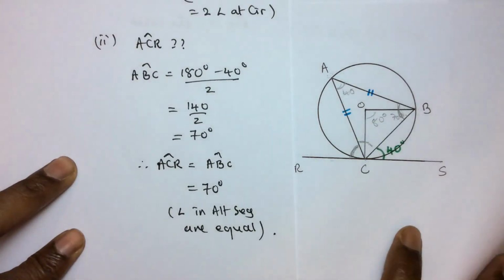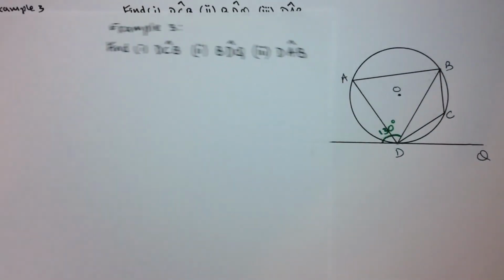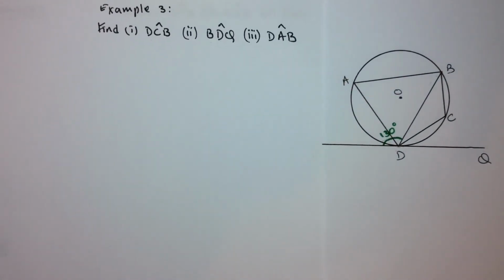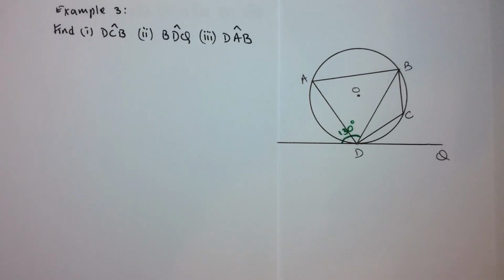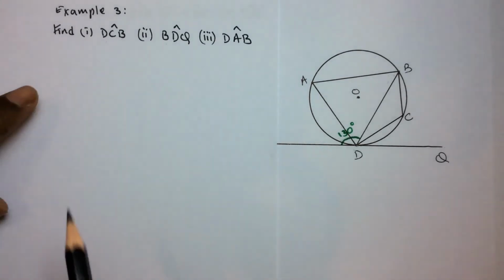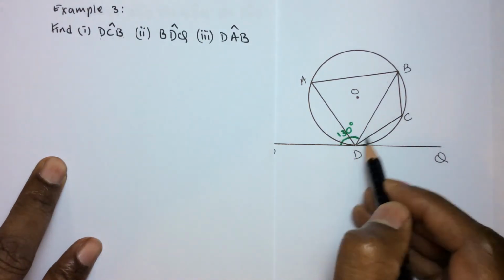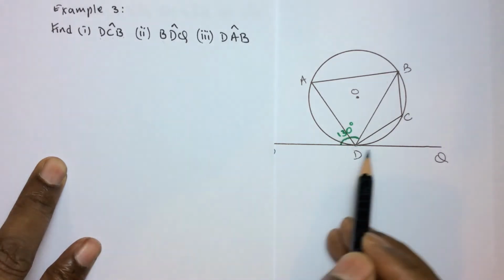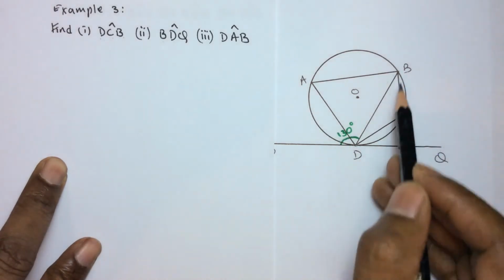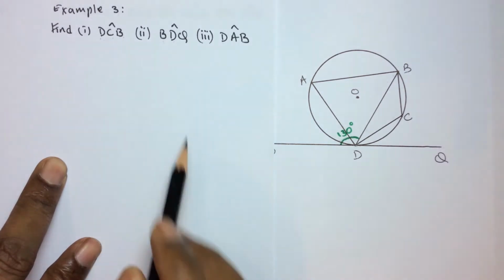Now we move on to example 3. Find DCB, BDQ, and DAB.